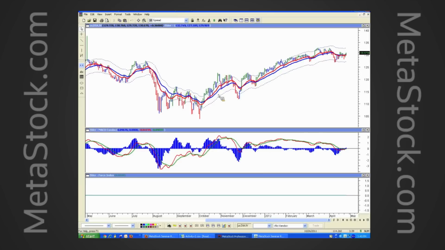Only exponential moving averages, never simple. And also keep in mind that these parameters, 20, 22, 25, not much difference between them. It's not like one number is good, another is bad. I suggest you just try a few different numbers, see which of them trace your stocks better. That's about it.